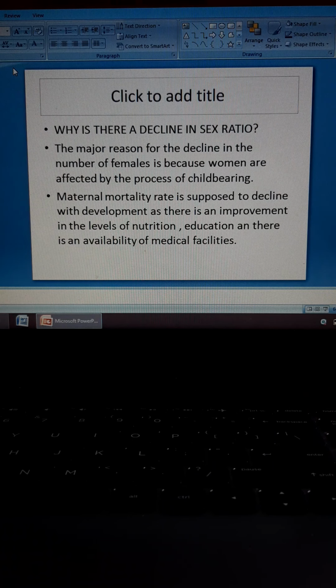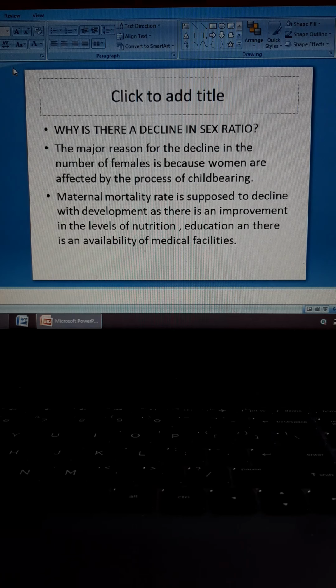Some women die after giving birth, some die during childbirth, some die when they are pregnant. The process of carrying a baby in the womb kills many women. When a woman dies in the process of childbearing, that is maternal mortality, like we've studied earlier.